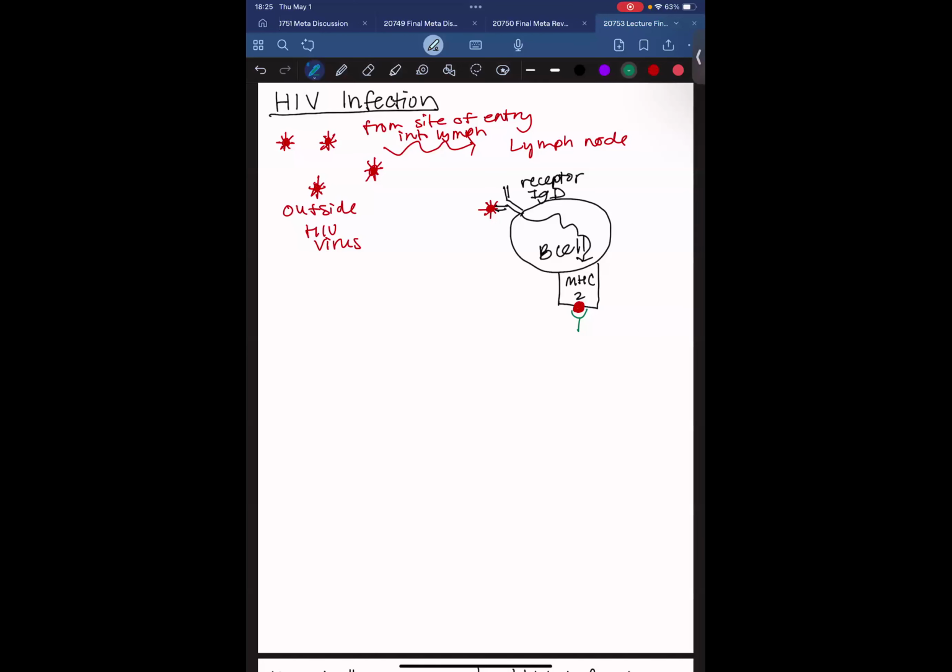Do you guys remember? So yeah, CD4. MHC2 will present to the CD4 positive ones, and these are our T helper cells. The molecule coming off of this that recognizes MHC2 is CD4. And then these guys will cross-activate one another.